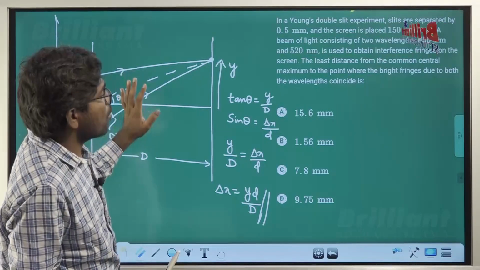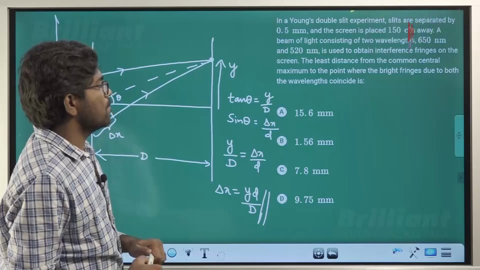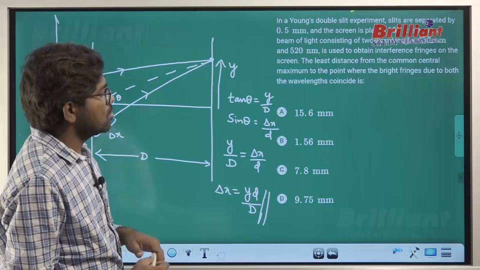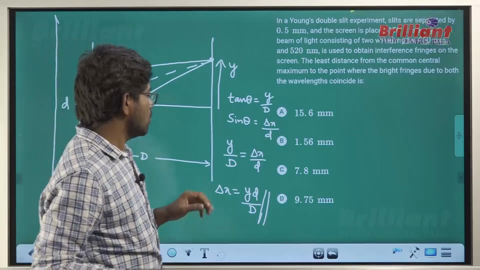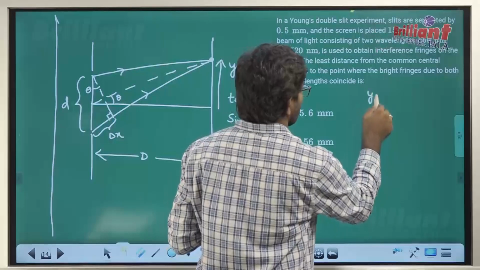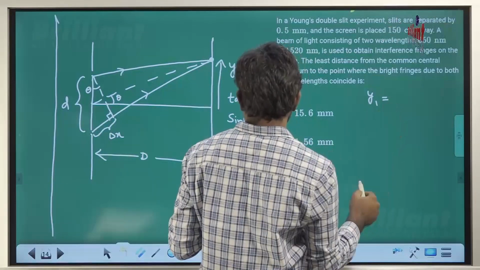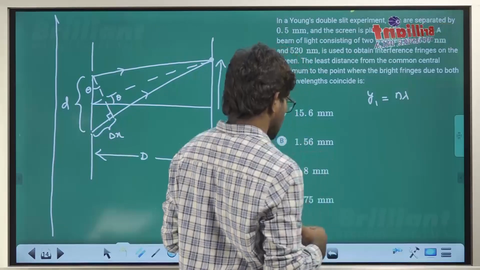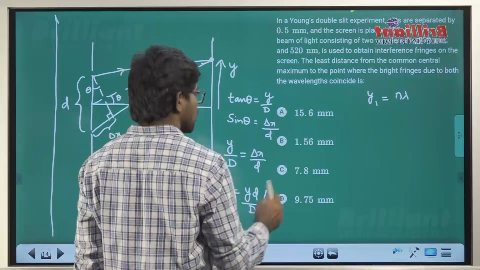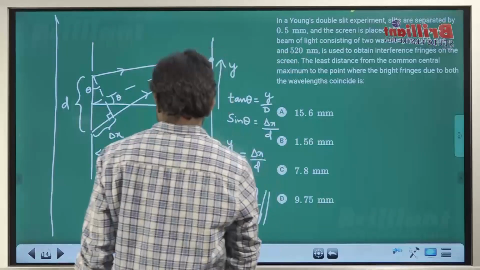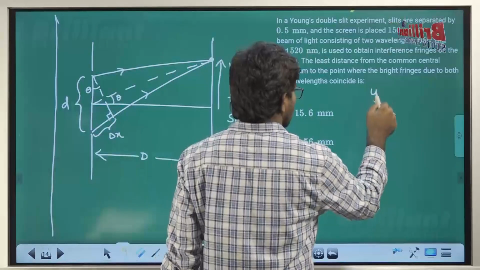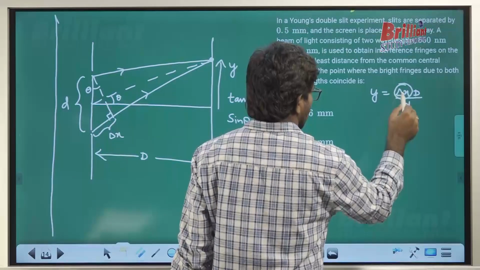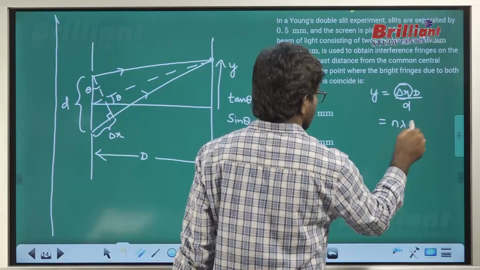So 650 is forming, let's say, a bright fringe, some nth bright fringe at a point y1. Then what do you say about 650 here? Y1 equals to, what is delta x at that point? Delta x equals to n lambda, right? All of you clear with this or not? Whenever there is a maxima, what is delta x? Delta x is n lambda.